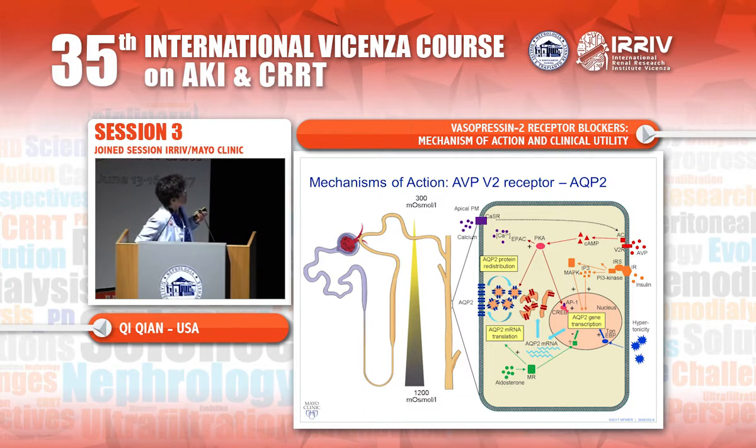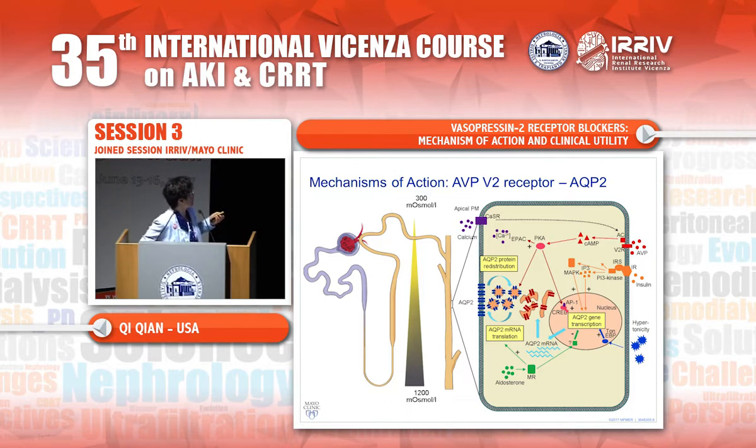In terms of mechanism of action, vasopressin activates adenylyl cyclase, elaborates cyclic AMP and PKA, which mediates redistribution of aquaporin-2, and also increases aquaporin-2 transcription as well as translation. And recently, there's also very good evidence showing PKA, through EPAC, contributes to stimulation-induced intracellular calcium elevation.